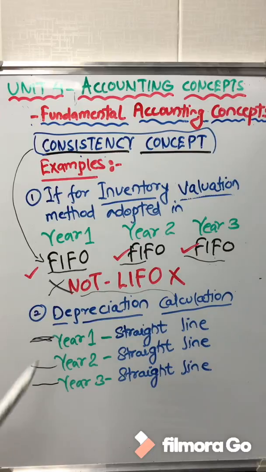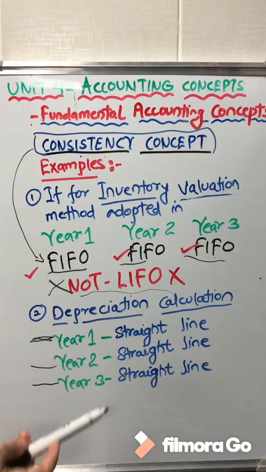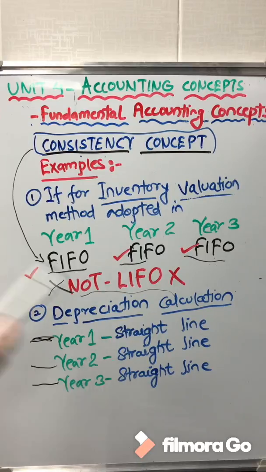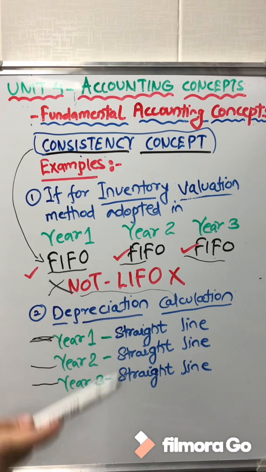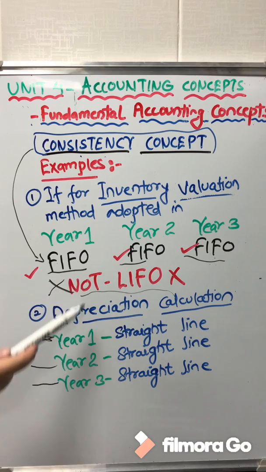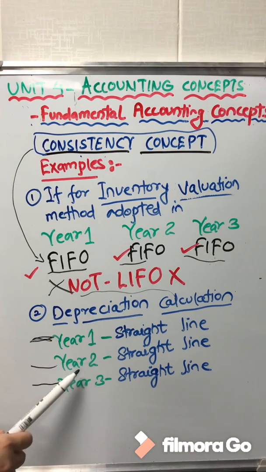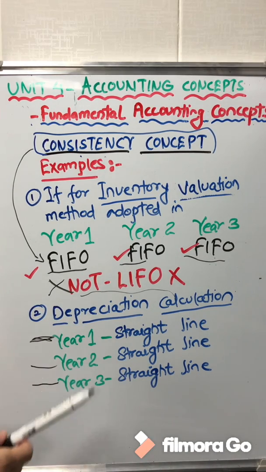We cannot adopt the reducing balance method in year 2 or year 3, or basically mix the two. If it is straight line, then it has to be straight line in all 3 years. But if we choose the reducing balance method, then year 2 and year 3 will be reducing balance method.